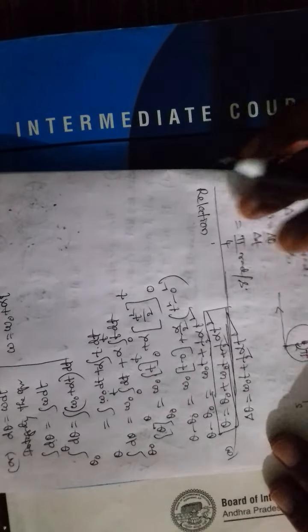In linear motion, angular displacement is replaced by linear displacement, angular velocity is replaced by linear velocity, and here initial velocity means initial linear velocity u, so u t plus half, this is angular acceleration, this is linear acceleration, t square. So in the same form it is there.